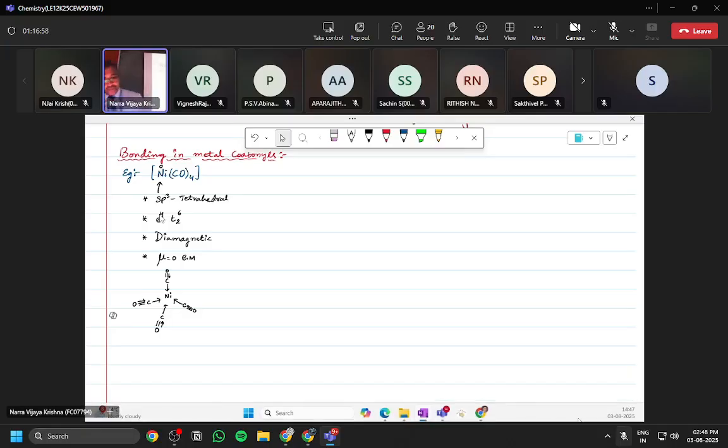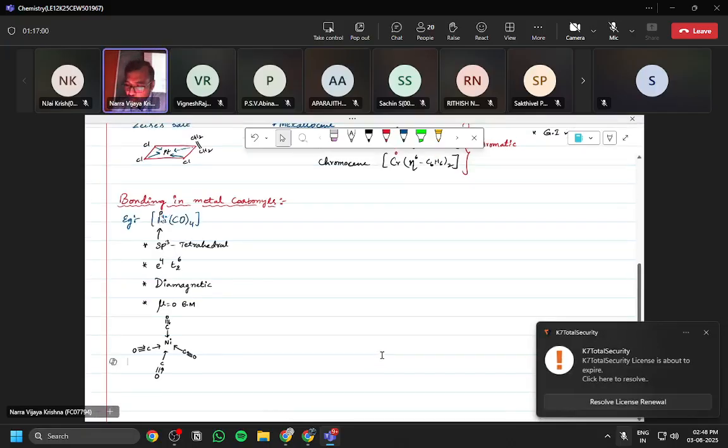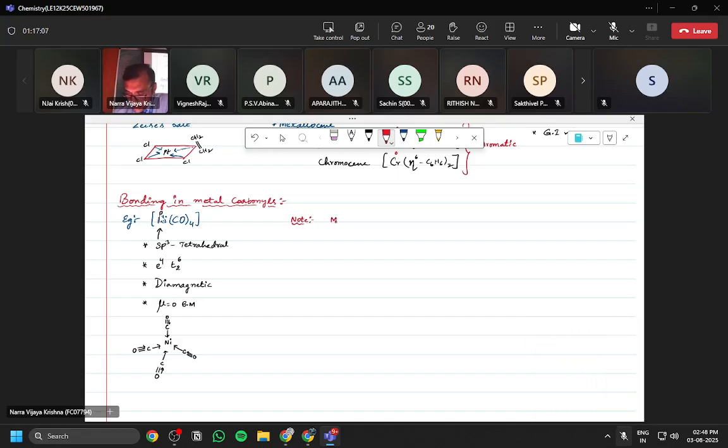If you consider CO, what is the molecular orbital electronic configuration of CO? Sigma 1s, sigma star 1s, sigma 2s. Is it 14 or more than 14 electrons? 8 plus 6.